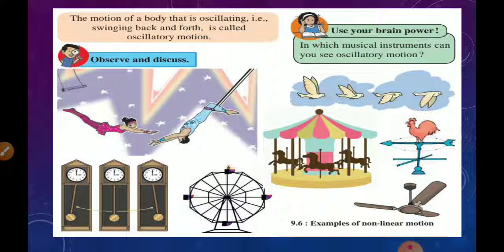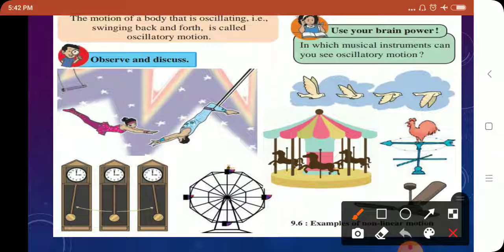Here observe and discuss. Pictures are given in this slide. See here, circus, and two people are here in the circus, and clock, that is also pendulum clock is given here, giant wheel, merry-go-round, birds, and this instrument shows the direction.